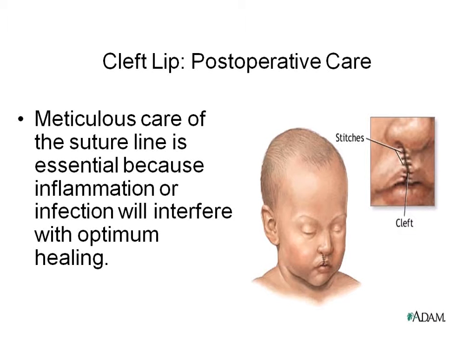Look up the word meticulously if you are uncertain of the manner in which this care should be done, so that you won't just grab a washcloth and start scrubbing away formula or drainage around the mouth. This practice could loosen the sutures.